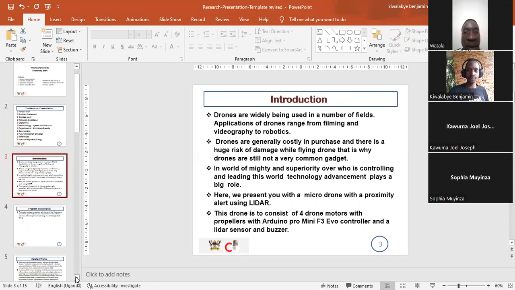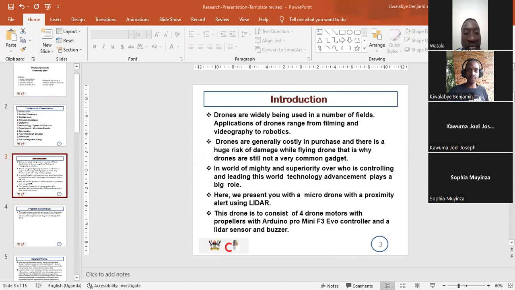Basically, LiDAR stands for light detection and ranging. This drone is to consist of 4 motors with propellers, an Arduino Pro Mini, an EVO controller, a LiDAR sensor and a buzzer. Basically, these are the components which are going to make up our drone system.